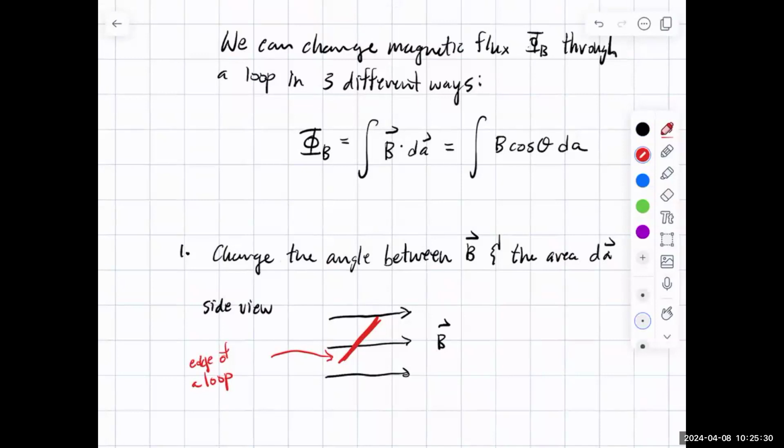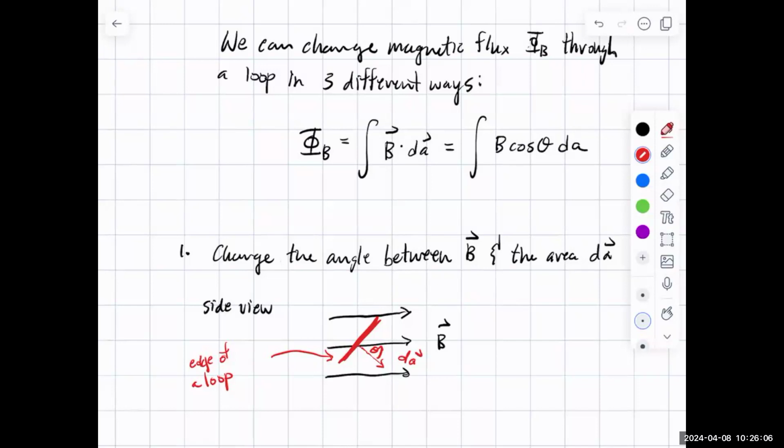The dA is going to be perpendicular to this area, and the angle theta is the angle between that area vector and the magnetic field. Right now, just for simplicity, let's call theta 45 degrees, where cosine of 45 is 1 over root 2, so 0.707 or something like that.